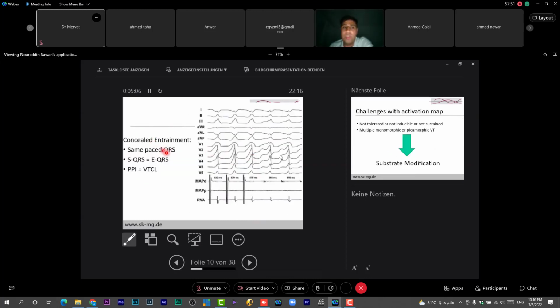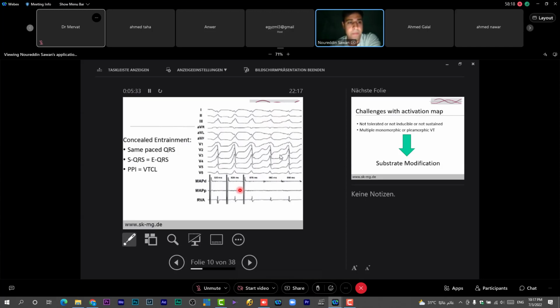However, what we see here is a concealed entrainment. Once again, for concealed entrainment we always have to see 3 points. When we are pacing, the paced QRS looks exactly the same as the clinical VT. So we have the same paced QRS.